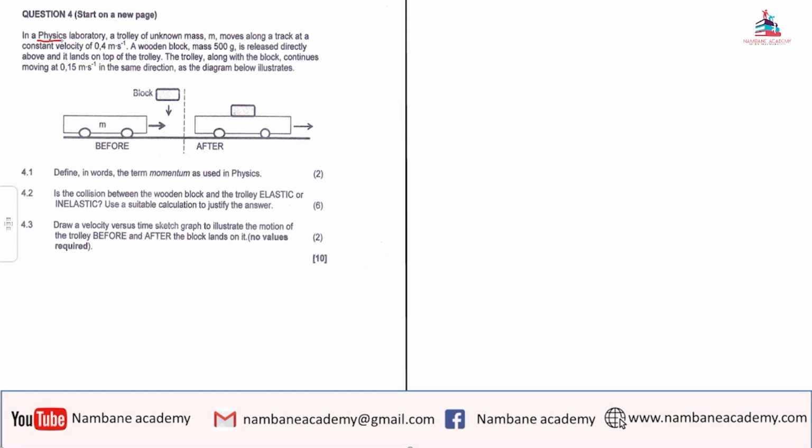In a physics laboratory, a trolley of unknown mass m moves along the track at a constant velocity of 0.4 meters per second. A wooden block of mass 500 grams is released directly above it and lands on top of the trolley.